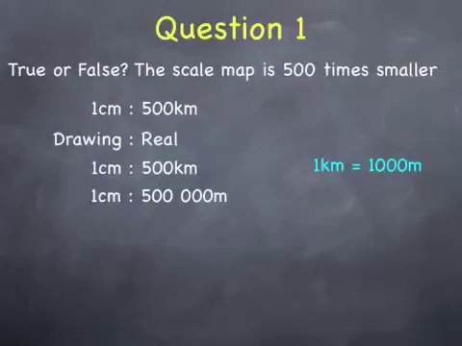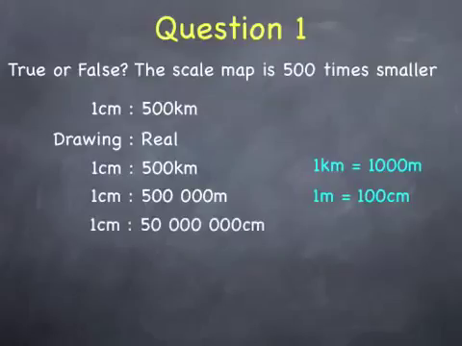Okay, that's also true of this scale. Now to go to centimetres, there's 100 centimetres in a metre. So I've got to multiply by 100. And it's 50 million centimetres. So every centimetre on that map of Australia is worth 50 million centimetres in real life. Now the reason we didn't say that in the first place, 50 million centimetres, is because it's a very complicated big number. We don't refer to centimetres in that way, so it was converted back to kilometres for ease of use.